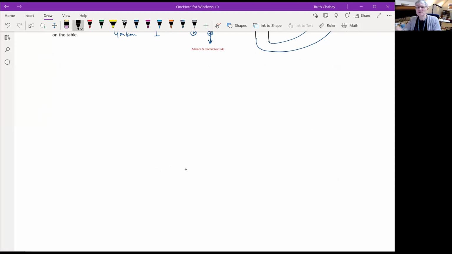But as you might expect, your integration variable when you do that integral is actually theta.